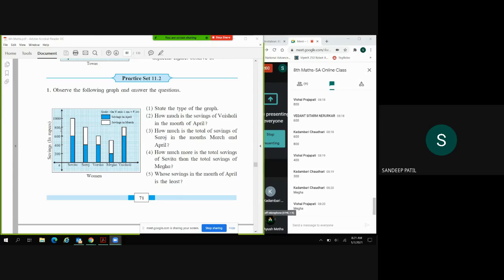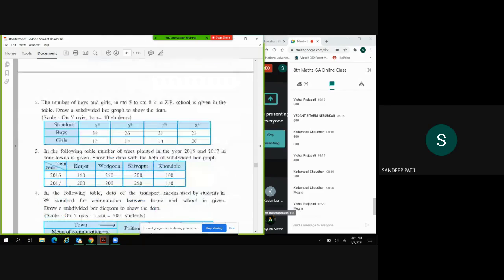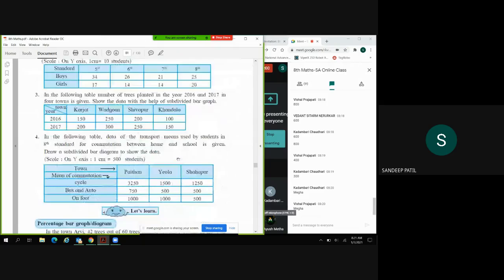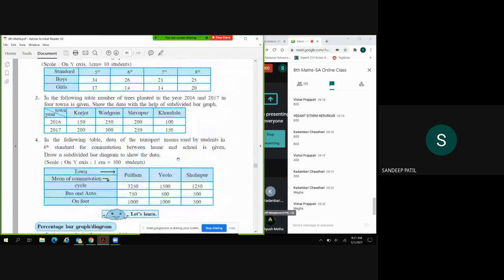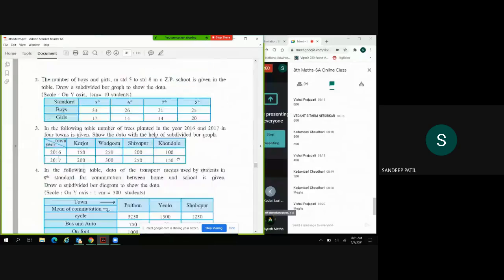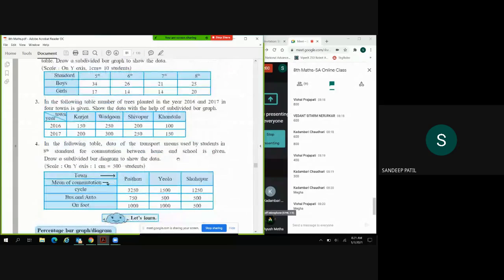So you have to be careful while taking the value. So this is the exercise. You can go through this exercise, and if you have any question, you can ask me in the next lecture.